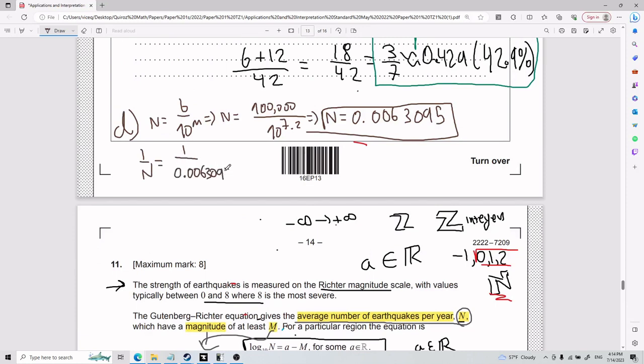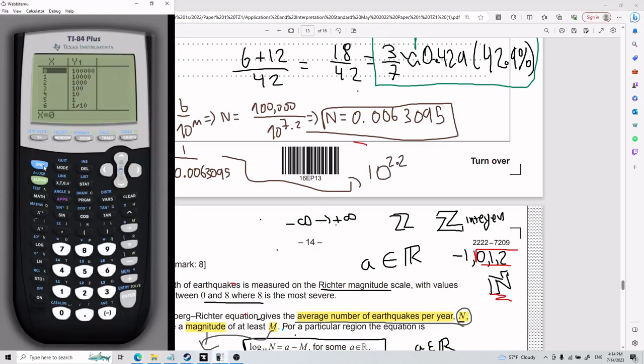I plug all of this into my calculator and I end up with 10 to the power of 2.2. Your calculator might spit it out a little bit differently, so let me show you what shows up. I'm going to put a fraction, 1 divided by 0.0063095. It gave me 158.49.